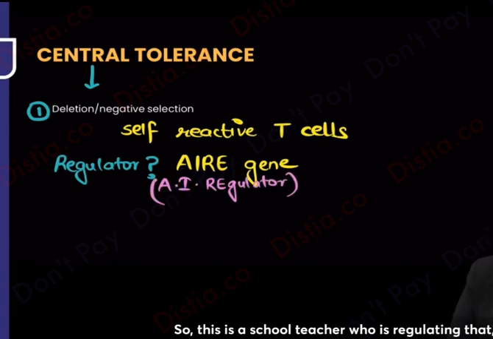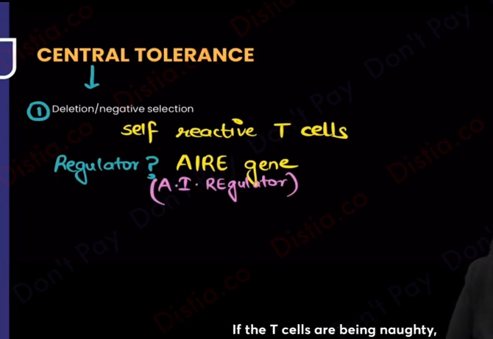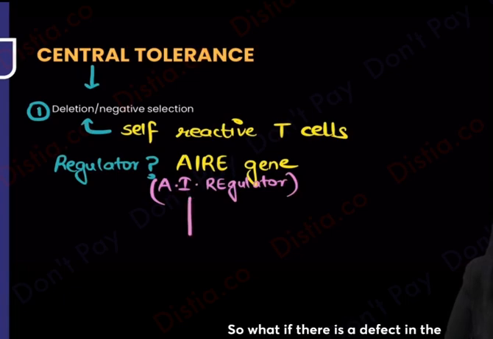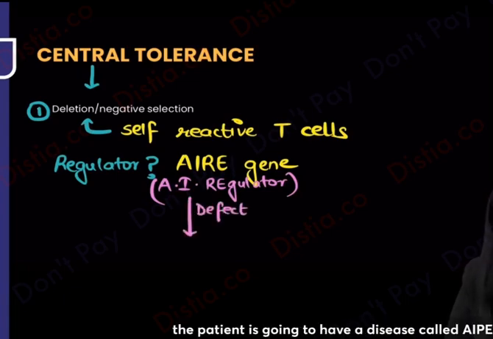So this is a school teacher who's regulating that. Are all the T cells working properly? If the T cells are being naughty, if they are being self-reactive, we are going to delete them. What if the school teacher is on leave? If the school teacher goes on a long vacation, everyone is going to have a blast. So what if there is a defect in the autoimmune regulator gene? The patient is going to have a disease called APE.